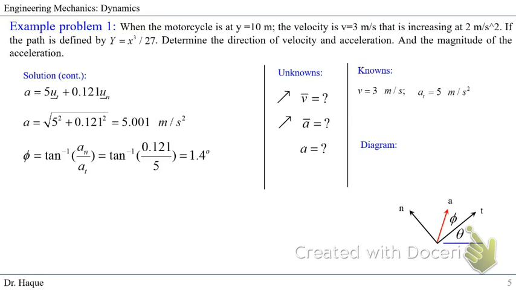If this blue line is our x-axis, and this is the tangent for the velocity, we found the theta, which we found in the previous slide. Now the acceleration is the derivative of velocity, so the angle will be on top of the direction of velocity.